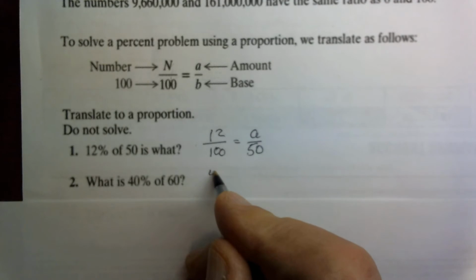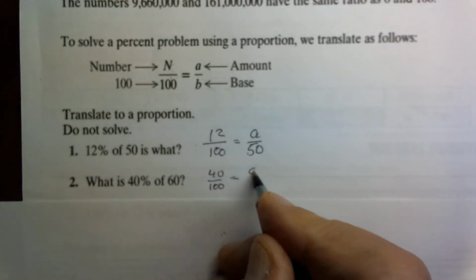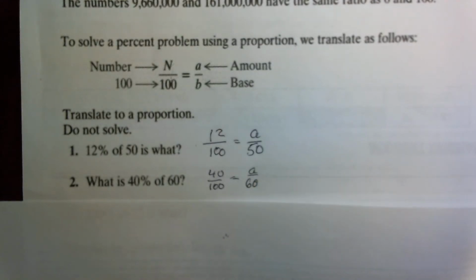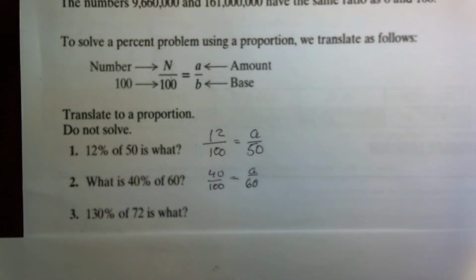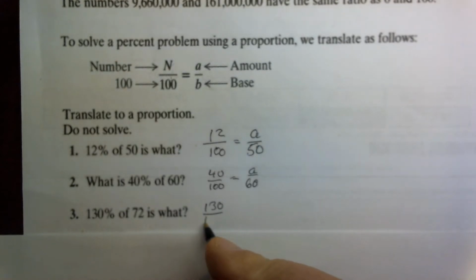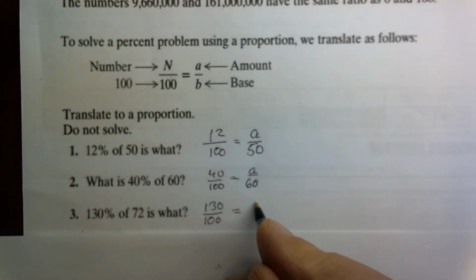Again, it's 40%, 40 divided by 100 is equal to a to 60. And for number 3, 130% of 72 is what? 130 divided by 100, or 130%, equals a divided by 72.